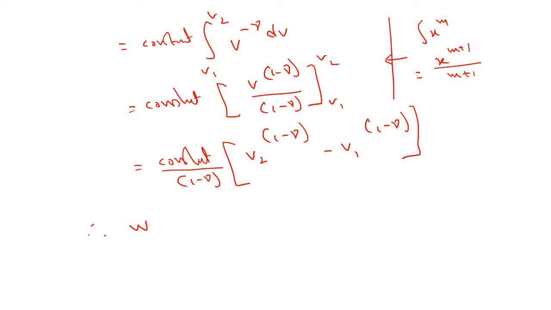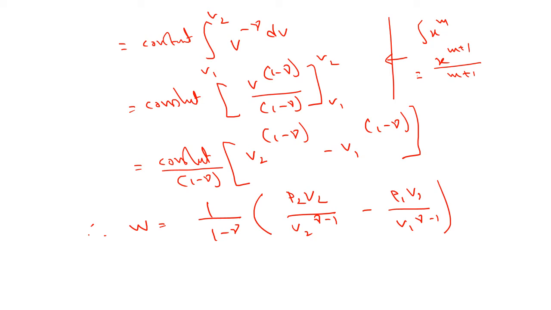Therefore we can write W equal to 1 divided by 1 minus gamma, P2 V2 times V2 to the power gamma minus 1, minus P1 V1 to the power gamma minus 1. You see earlier this is 1 minus gamma, but now it is gamma minus 1. Why?